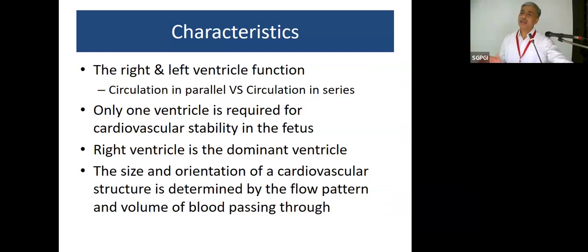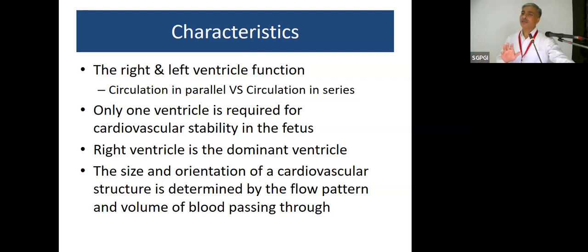Before I get into the actual business, let me tell you there are a few characteristic features which a fetal circulation has. One, we always say that the right and left ventricle function independently of each other. The concept of circulation in parallel versus circulation in series means that two ventricles are pumping independently in their vascular beds, vis-a-vis when they are working in synchrony.